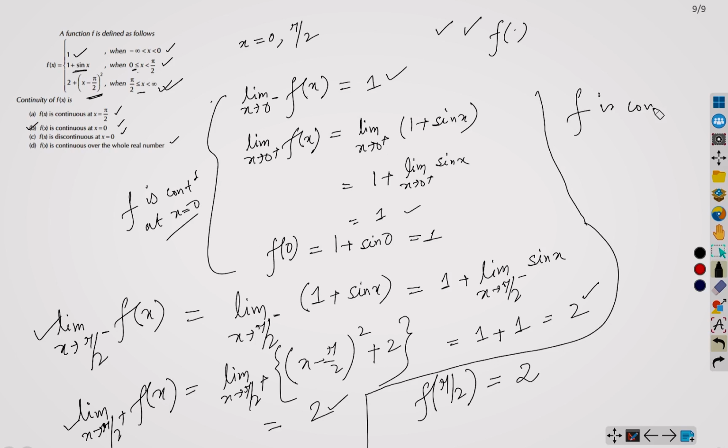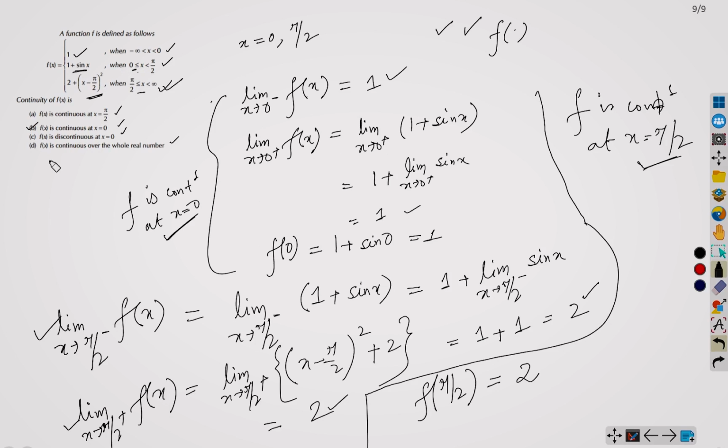So in this case, observe that f is continuous at x equal pi by 2, because the left hand limit, right hand limit and the value at that point all are equal. So the function is continuous at x equal to 0, continuous at x equal to pi by 2, and at the rest of the points there is no breaking.